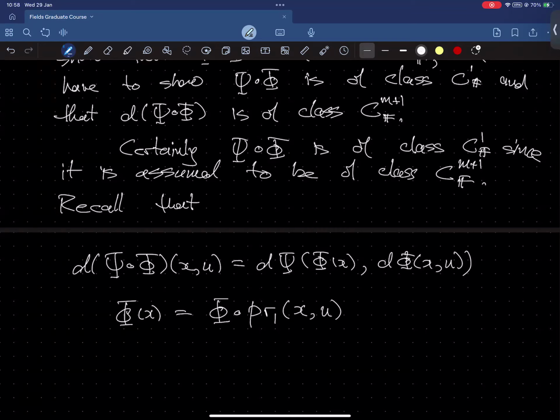PR1 is a mapping from N cross U into U. Well, let me make it U, because N is contained in U. It sends x and u to x. So this formula is certainly true.